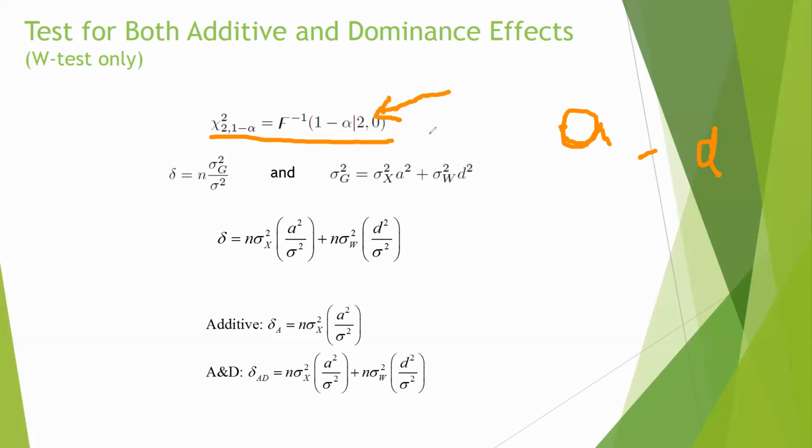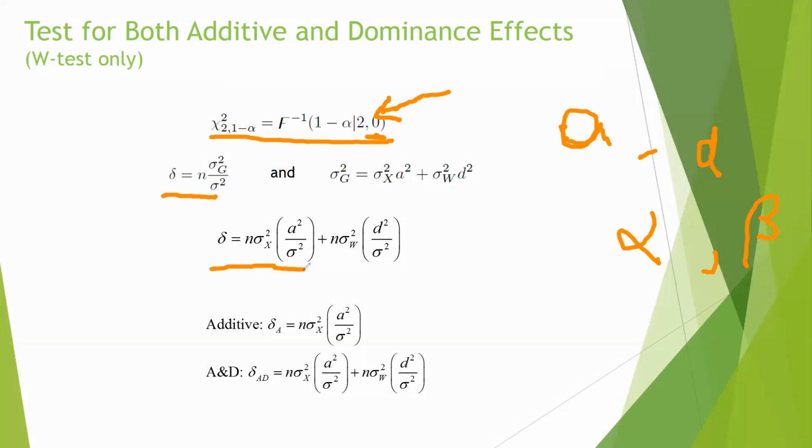The central, so this theta equals 0, and we can use this to calculate based on the power, based on the specified alpha and beta values, the non-centrality parameter for the alternative distribution.